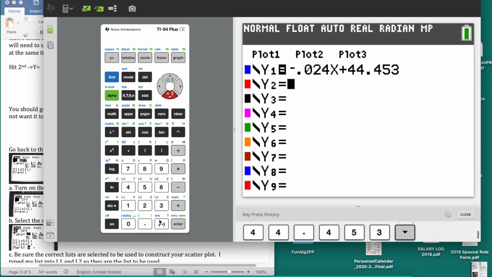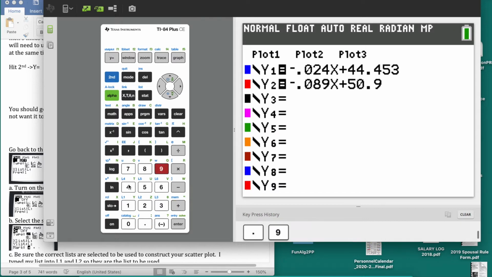Now for the females, we have negative 0.089x plus 50.949. Just double checking my equations real quick. All right, everything looks good. And there's my equations for the line of best fit. So now they're stuck in there.